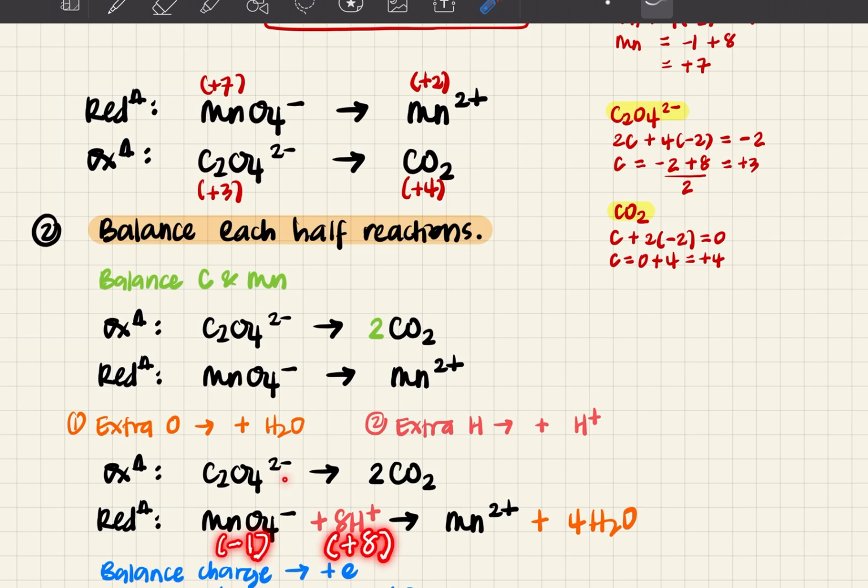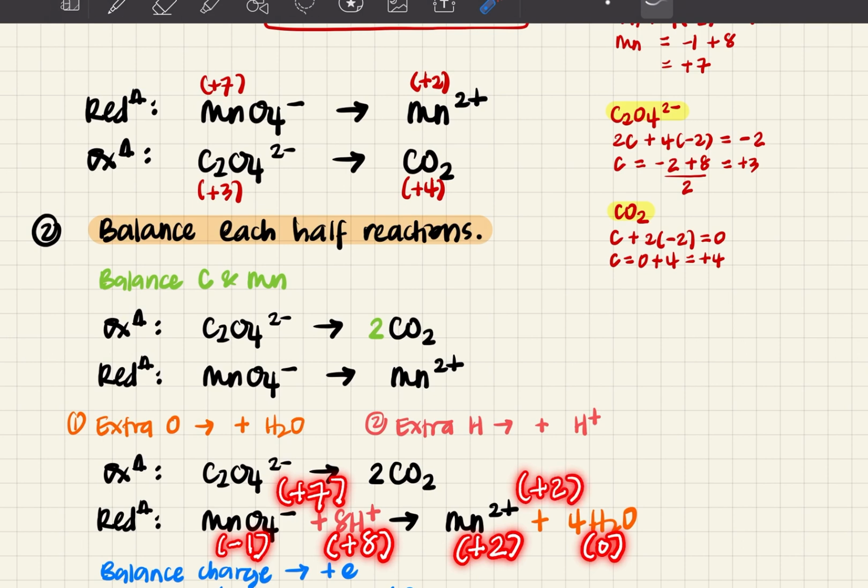Minus 1 plus 8, it will be plus 7. Okay, so on your right pula, you have Mn2 plus. Okay, Mn2 plus, maksudnya ini plus 2. And then you have 4 water molecule. Your water molecule is neutral, so it will be 0. So the overall charge will be plus 2.